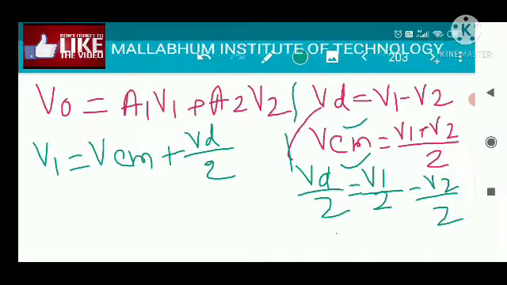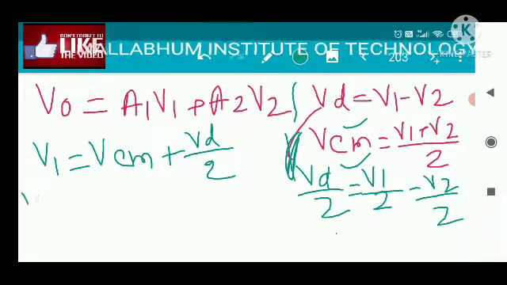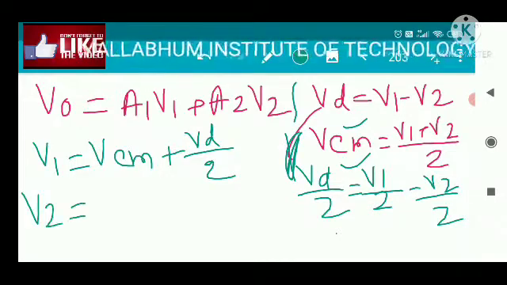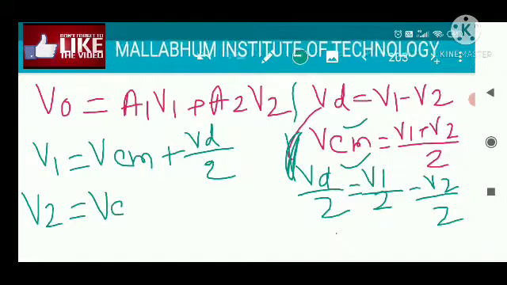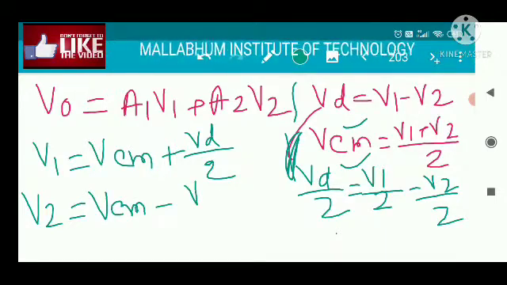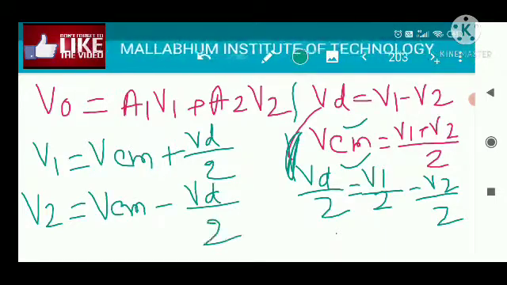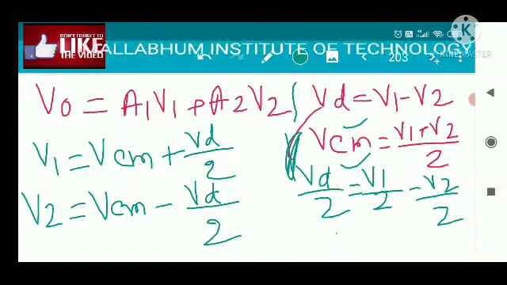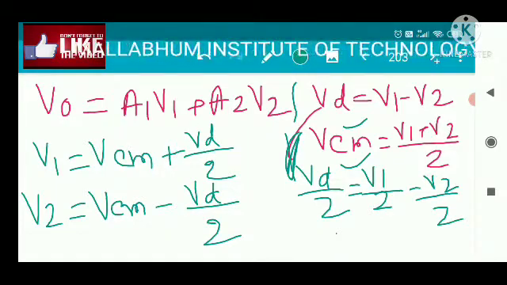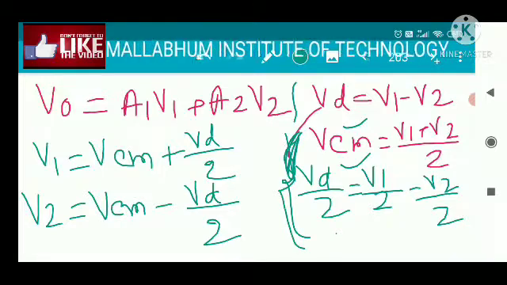And V2 is VCM minus VD divided by 2. So these are the two expressions for V1 and V2, obtained from those two equations.